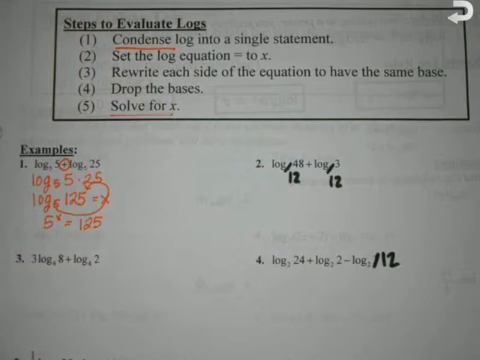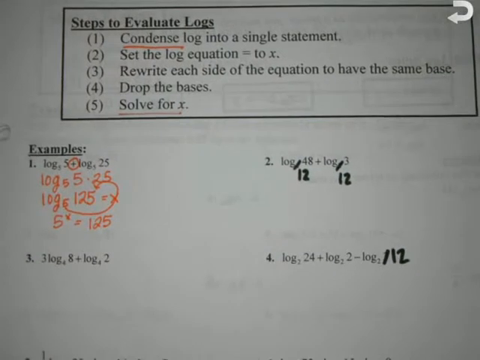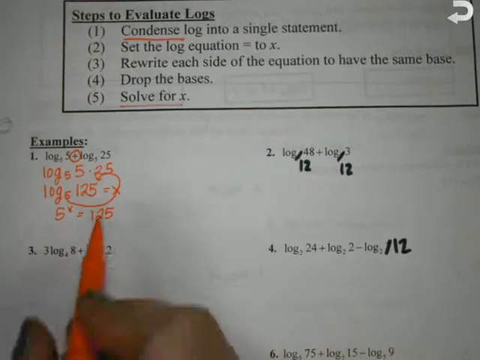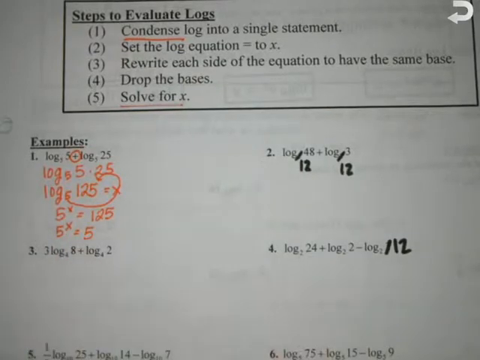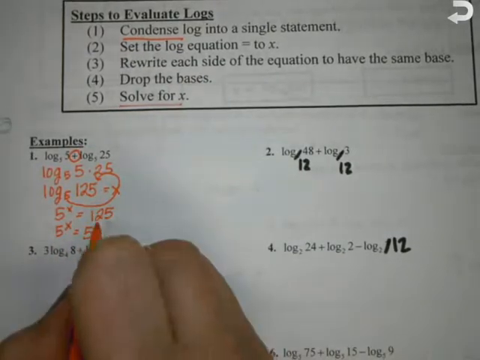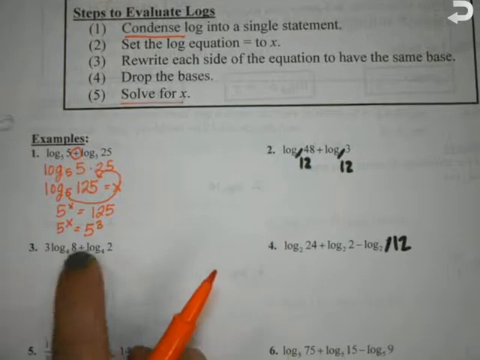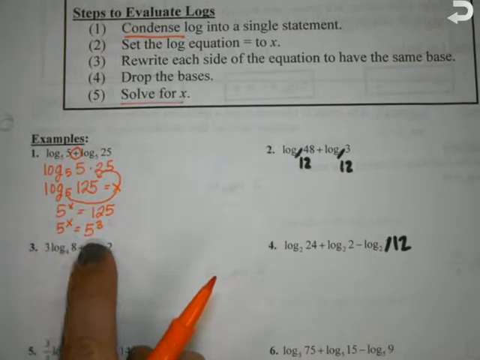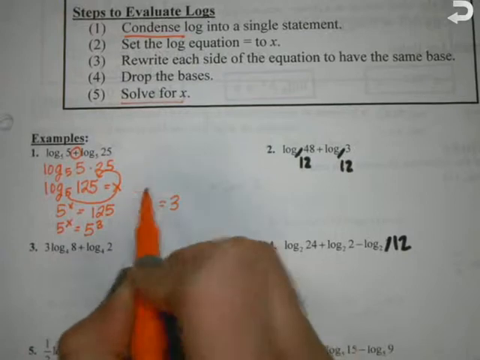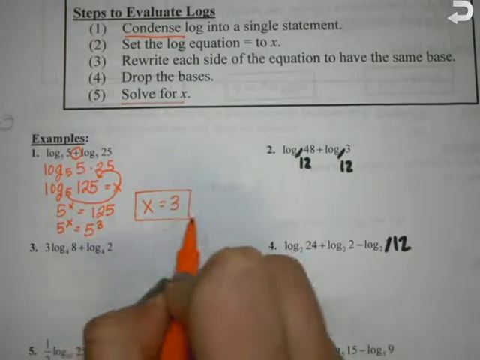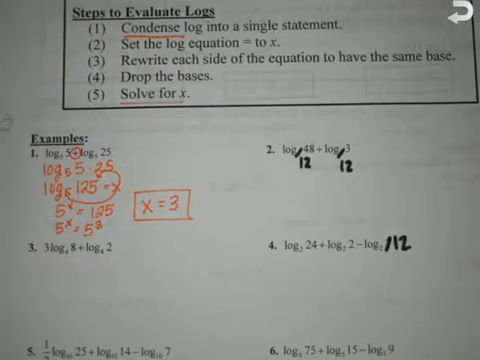And now this is going right back to Unit 8A. 125 is the same as 5 to the third power. My bases are the same, so what can I do? Drop those bases, so x equals 3. What do you think? Good?